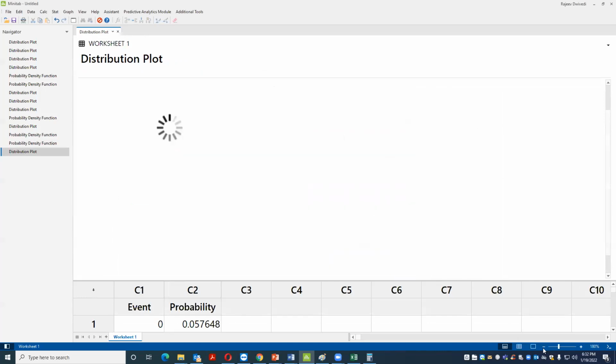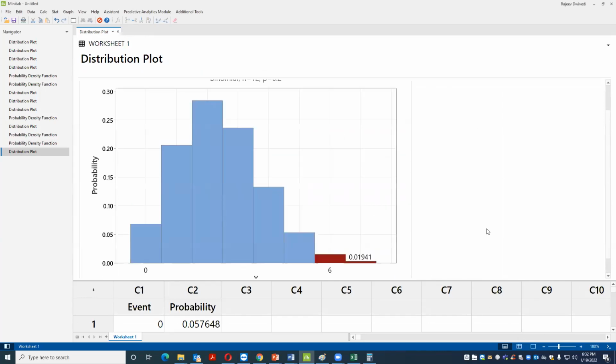Why did you pick the number 6 instead of 5? Yes, this is a very good question. More than 5 is not asking for 5. In a discrete probability distribution, more than 5 means 6, 7, 8, 9, 10, 11, 12, isn't it? Therefore, in Minitab you have to put 6, which includes 6, 7 and so on.